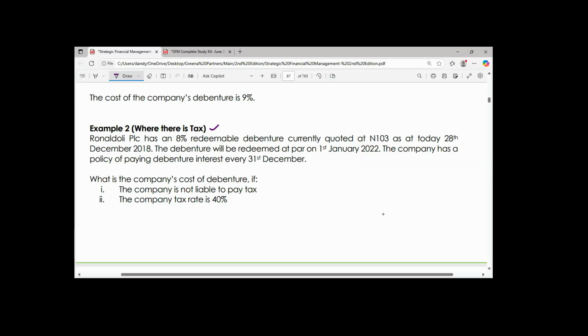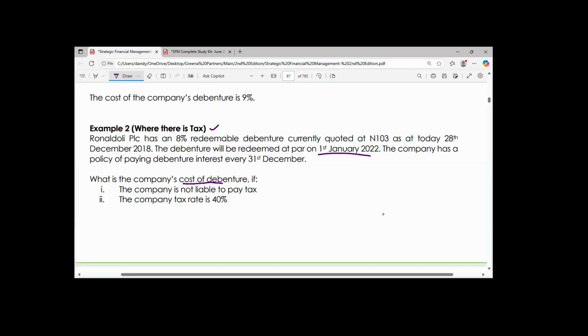In this question, you are required to calculate the cost of debt if the company is not liable to pay tax and when the tax rate is 40%. The examiner has told you it's a redeemable debenture, and it will be redeemed on 1st January 2022.